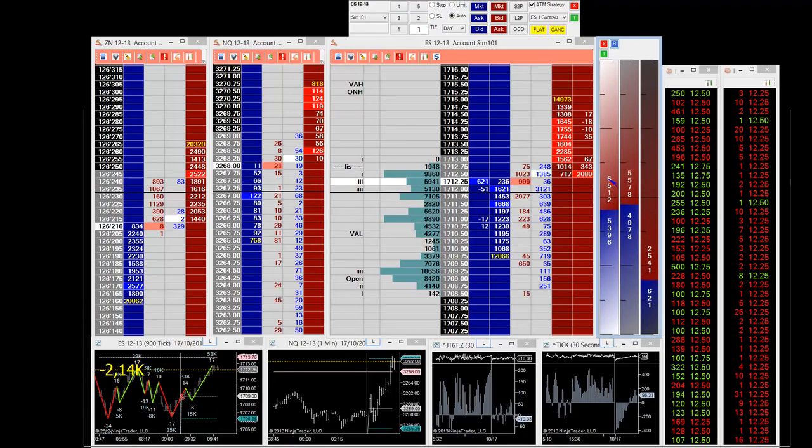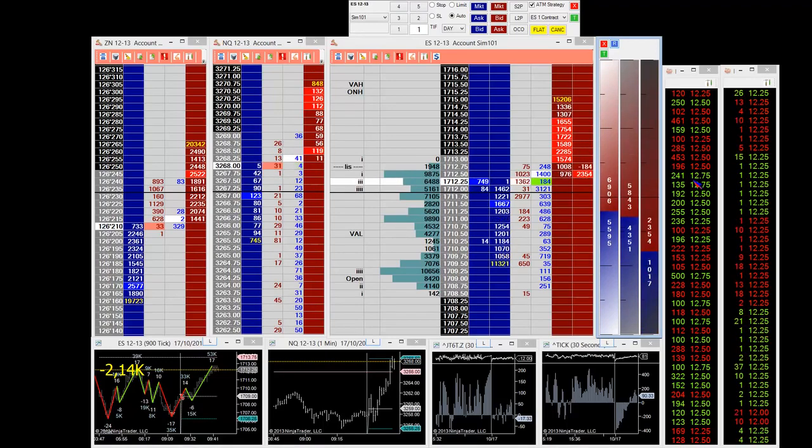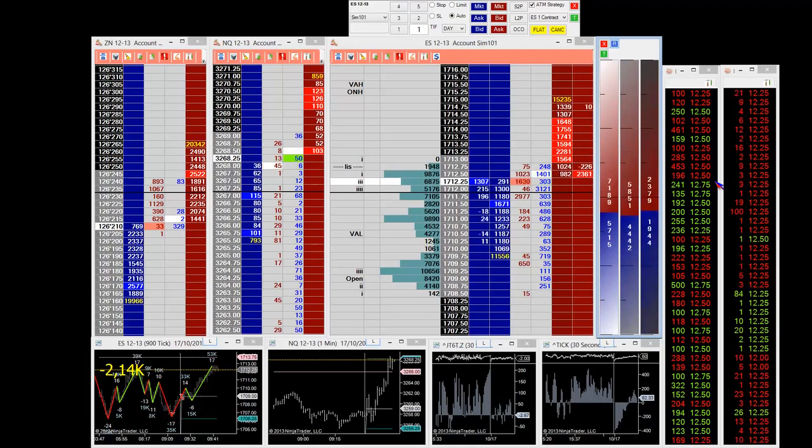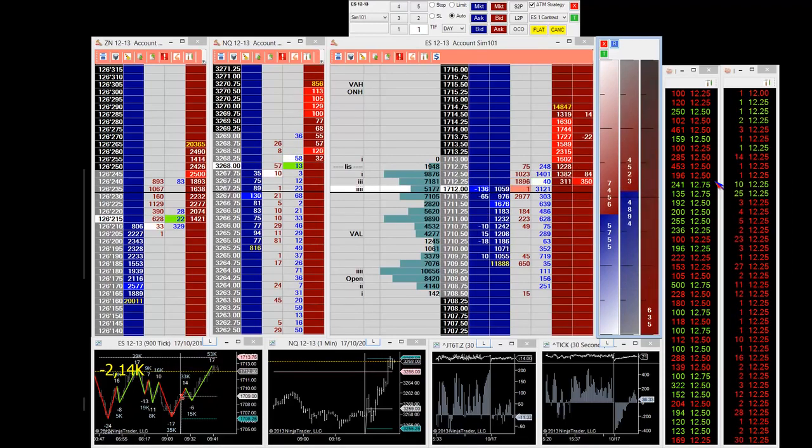Okay. Then we move further to the right, and we can see we've got 2 time and sales. Now, first of all, let me just comment on the price. You can see a price on those time and sales. Okay, the price is 12.25, and I got 100 contracts. So we actually truncate the front of the price.